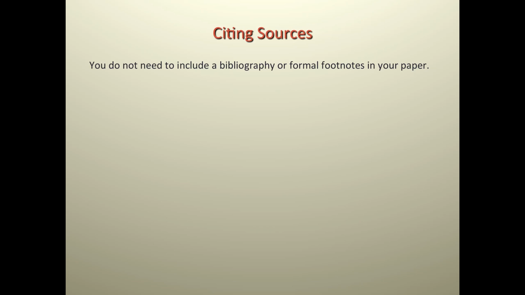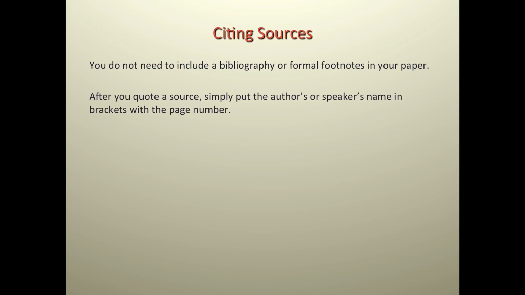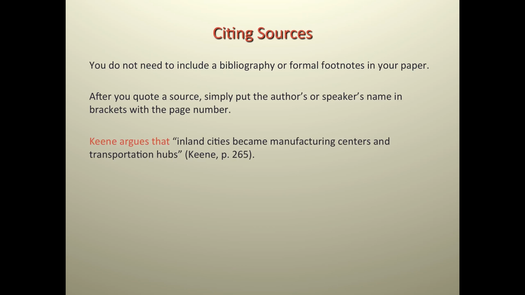So you do not need to include a bibliography or formal footnotes in your paper. Instead of that, you will simply put the author's name or the speaker's name in brackets. And if there is a page number, you can include that as well.